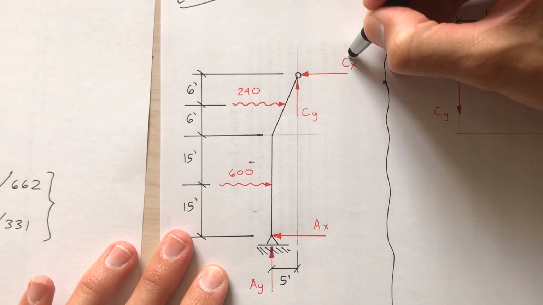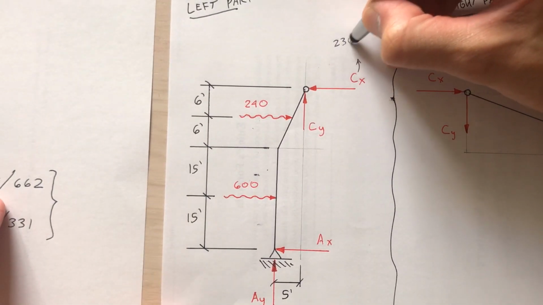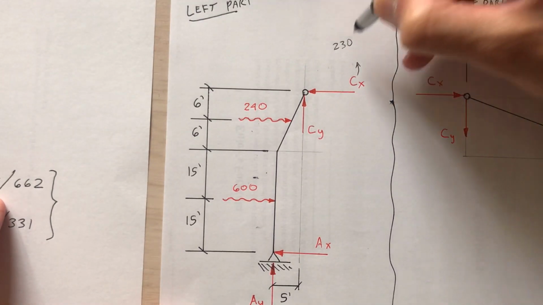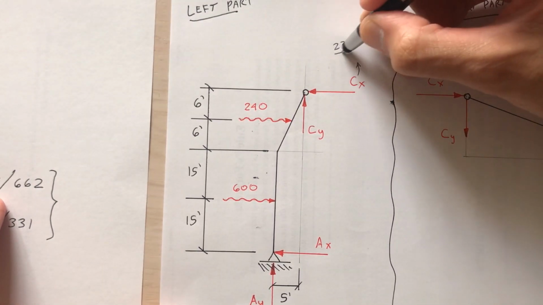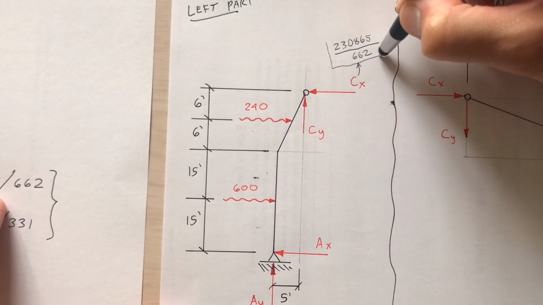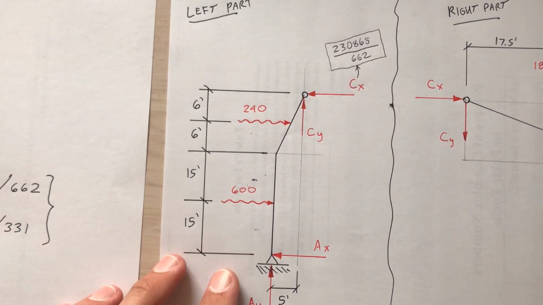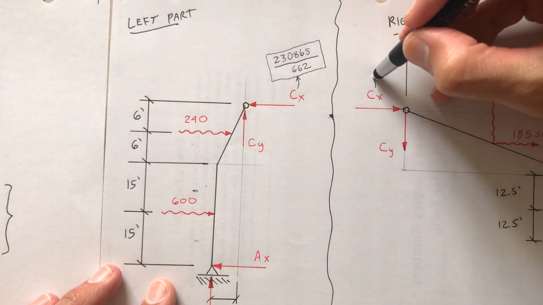So C sub x, what is that? 230,865 over 662. Okay, I'm getting a little carried away here in terms of exact figures. Okay, and then the C sub x, now that's also true over here.